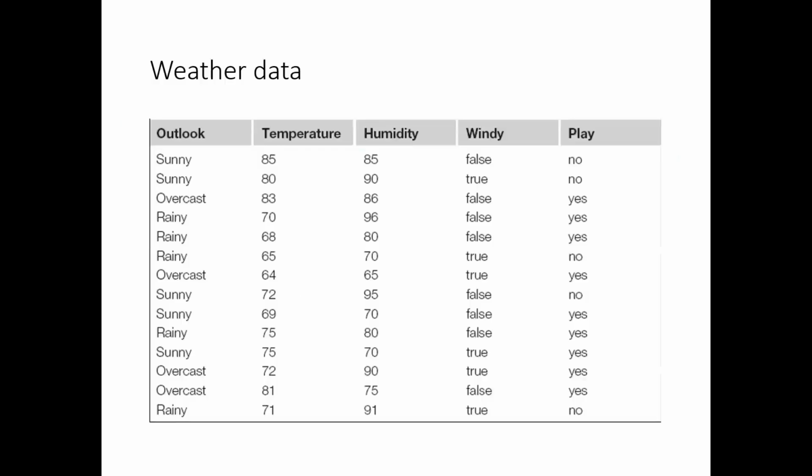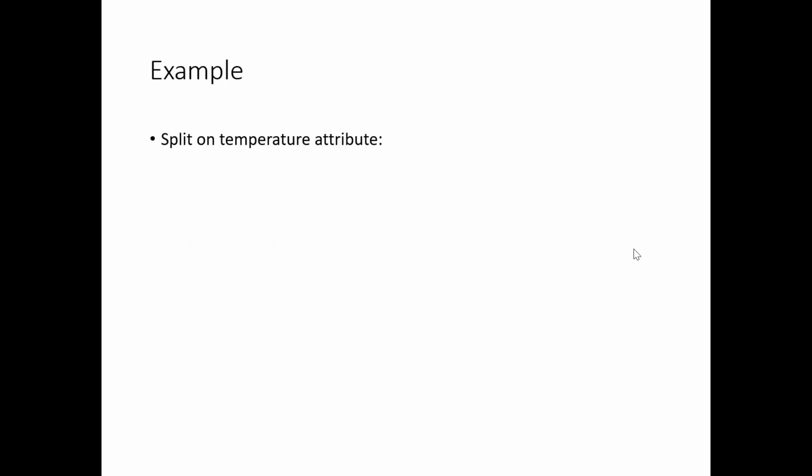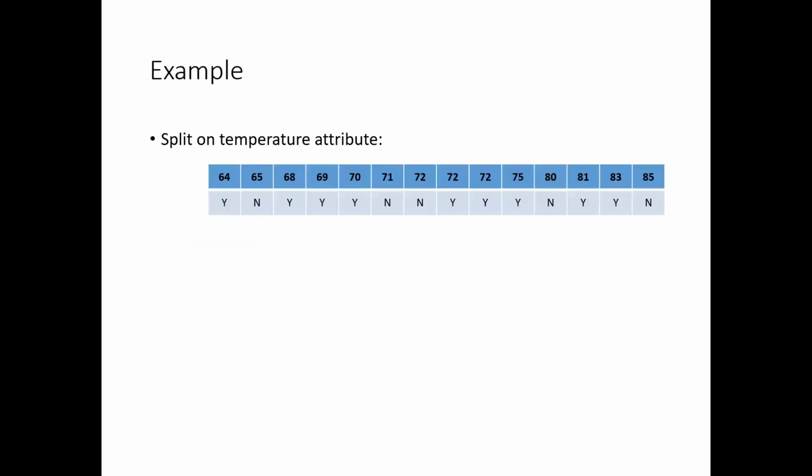Let's look at this with numerical data. In this data set, we have outlook, no change, windy, no change, but temperature and humidity we are representing with numbers. Given that situation, we need to split on the temperature attribute. We can, for example, start somewhere.